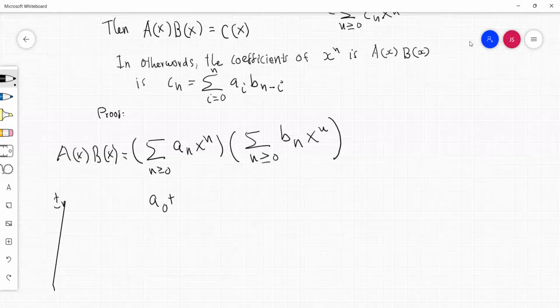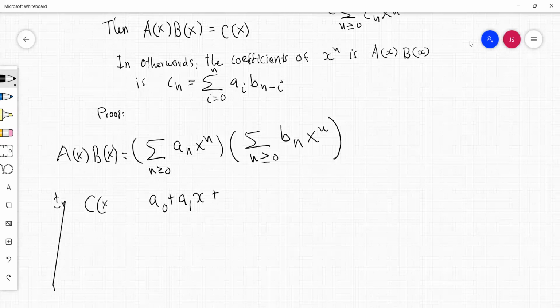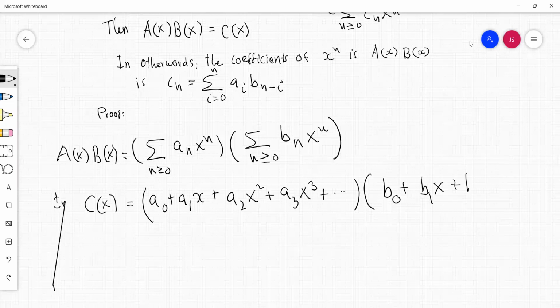A naught plus A1 x plus and so on, and you must multiply it by B(x).